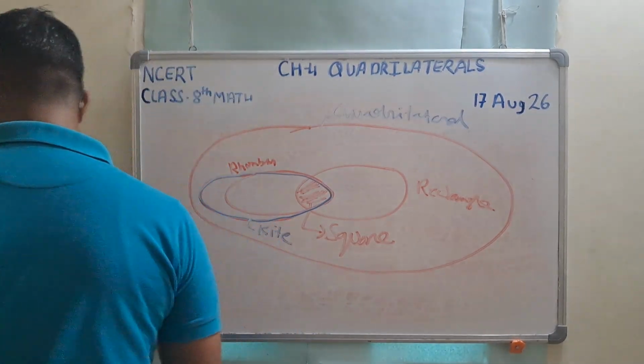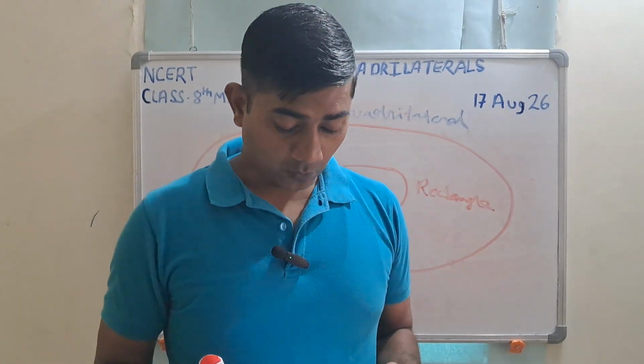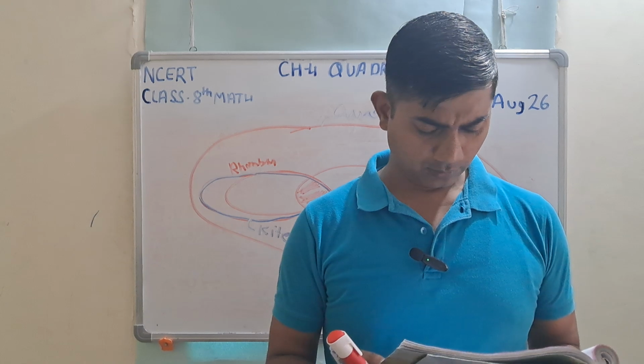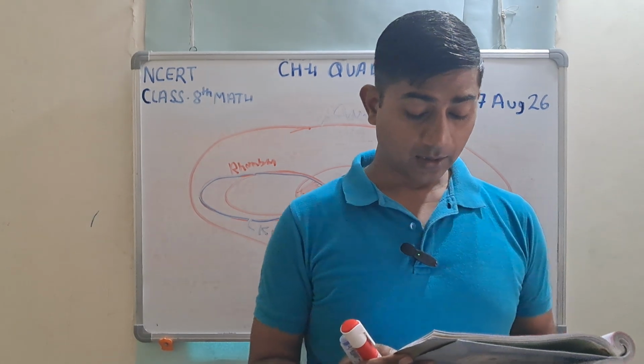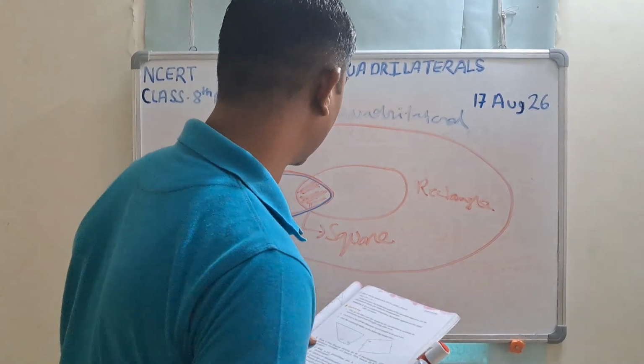Now we will see what they have said in the question. What is the quadrilateral that is both kite and a parallelogram? Okay, actually they have said that we have to draw the parallelogram, not quadrilateral.